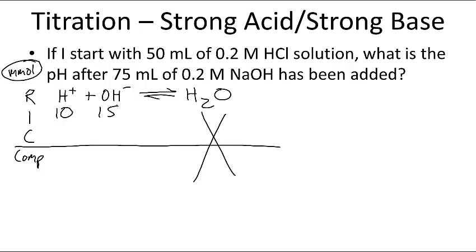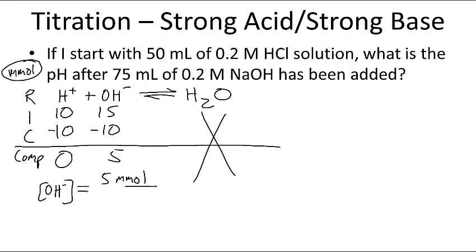H plus is the limiting reactant, so minus 10, end up with 0, and now 5 millimoles of OH minus. So the concentration of OH minus is going to be 5 millimoles divided by my total volume, which is now 125 milliliters.